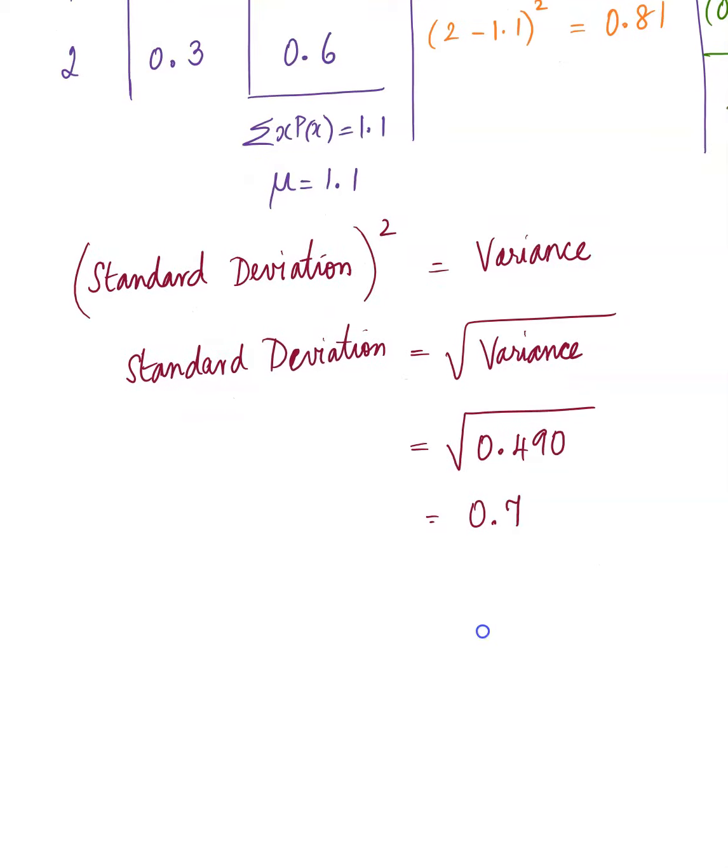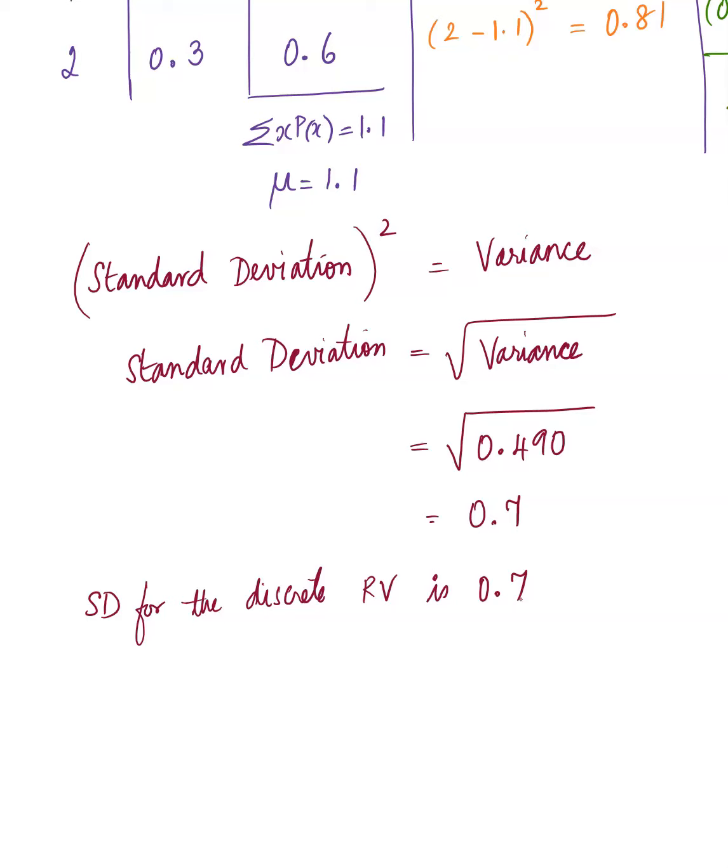So the standard deviation for the discrete random variable is 0.7. What this is telling us is that the data values deviate from the mean 0.7 points to the left or right.